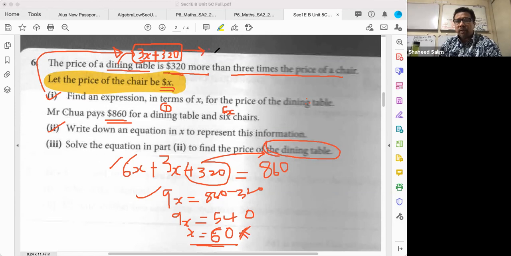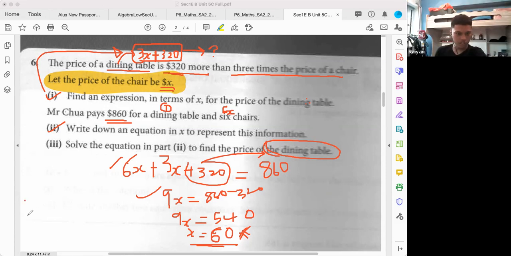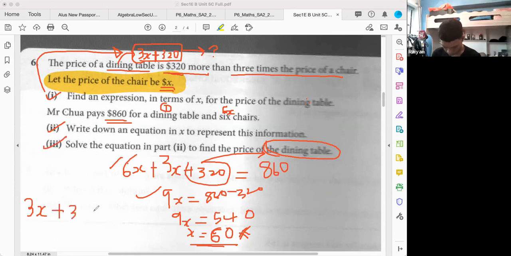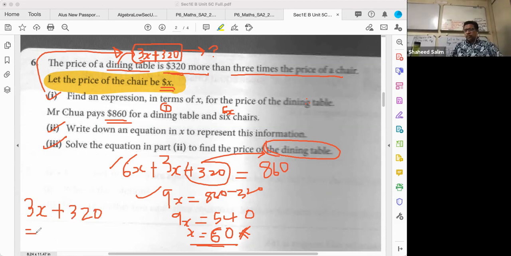We know x is 60, so can you find the answer? This is your last question.